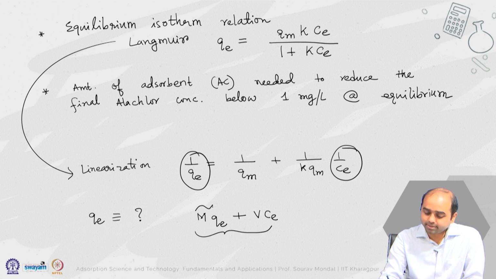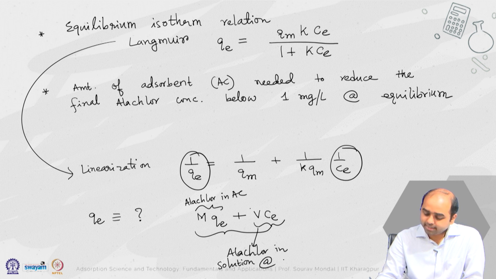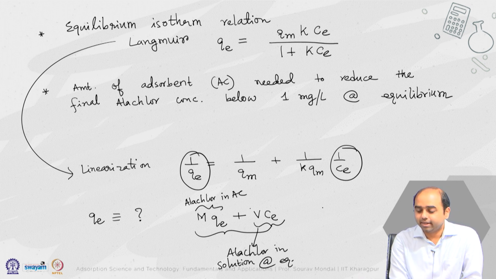The first term is the amount of Alachlor in the activated carbon, and the second is the amount of adsorbate in solution at equilibrium, after the equilibrium has happened. Qe is the concentration of the adsorbate in the adsorbent phase, and C is the equilibrium concentration in the solution phase.